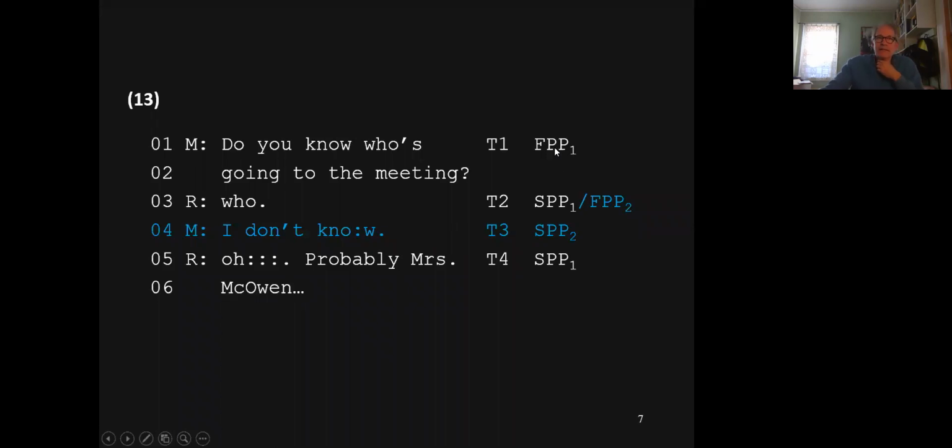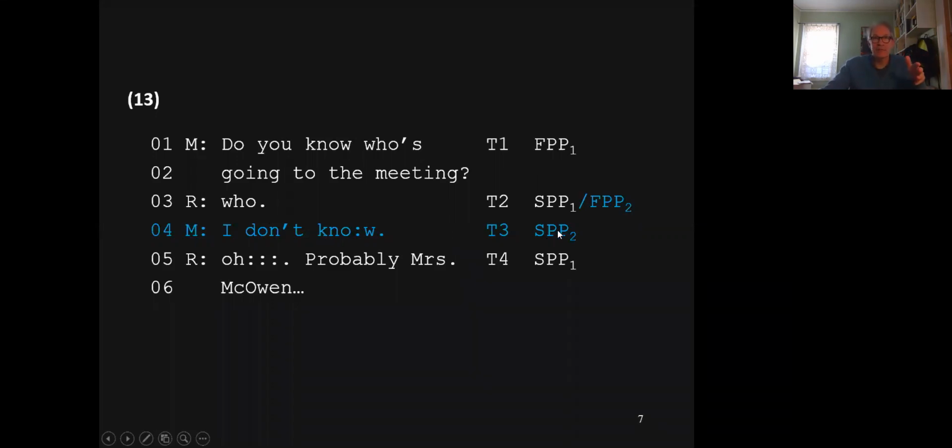One way to think about this in terms of sequences is that here you have a first pair part, the FPP. And then a second pair part is who. Well, that second pair part itself turns into an initiation of repair. So this who becomes a first, and then M responds, I don't know who.